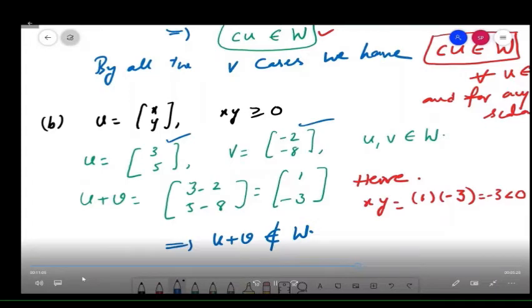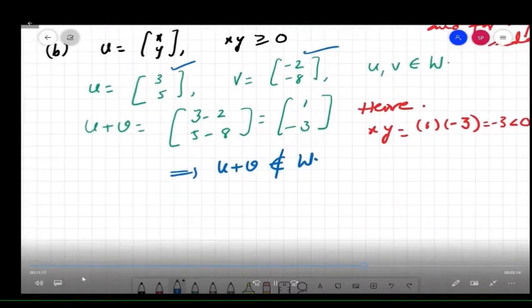No. Why? Because here the vector addition u plus v is not again a binary operation in W, though the scalar multiplication is giving again a vector.